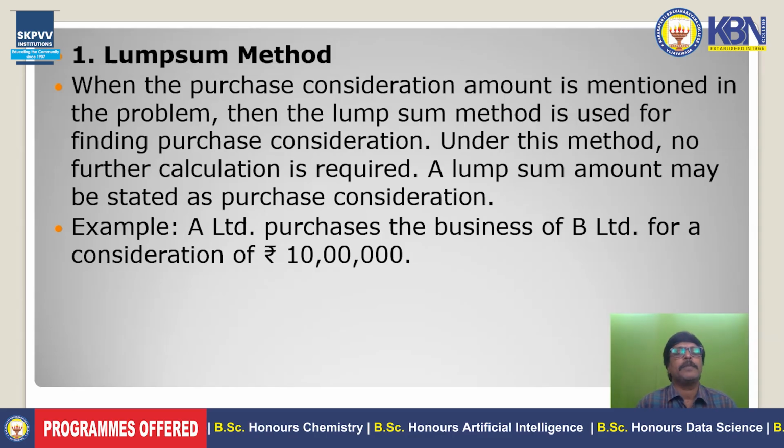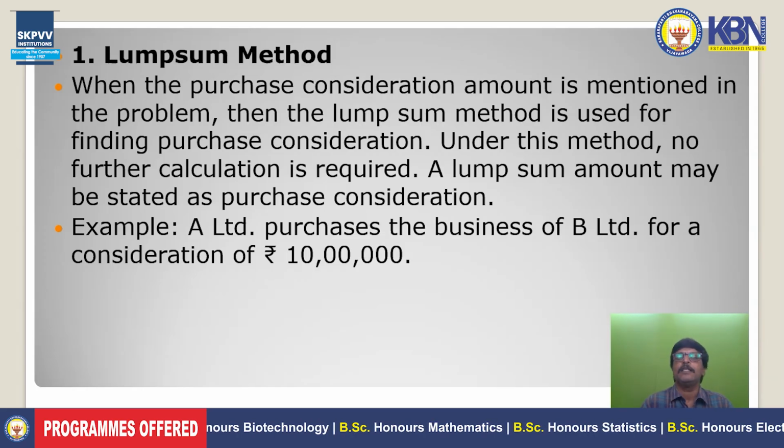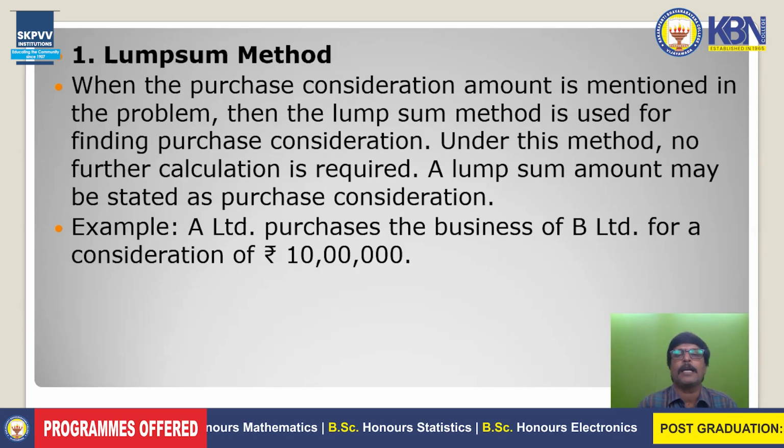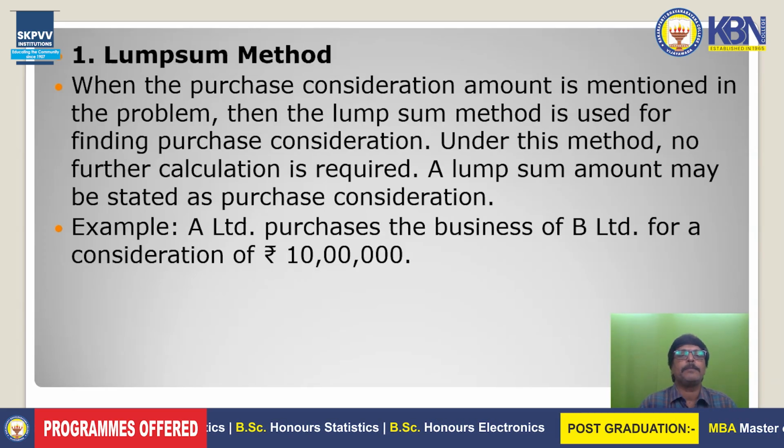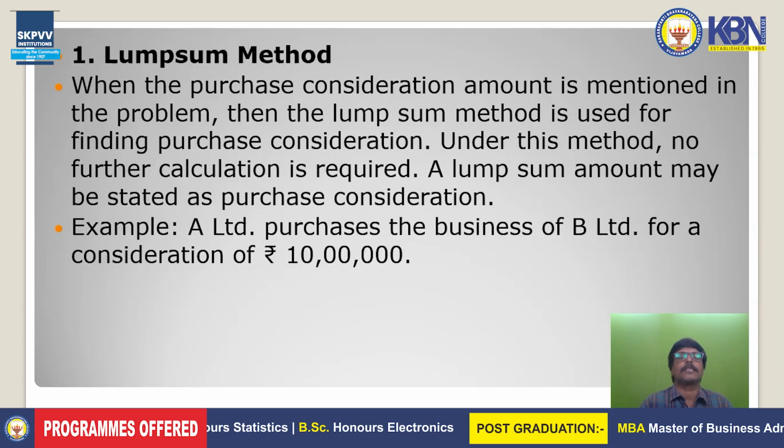Under the lump sum method, the name itself indicates that the payment is going to be made in a lump sum amount, that means in a single payment. When the purchase consideration amount is mentioned in the problem, then the lump sum method is used for finding purchase consideration. Under this method, no further calculation is required. A lump sum amount may be stated as purchase consideration.